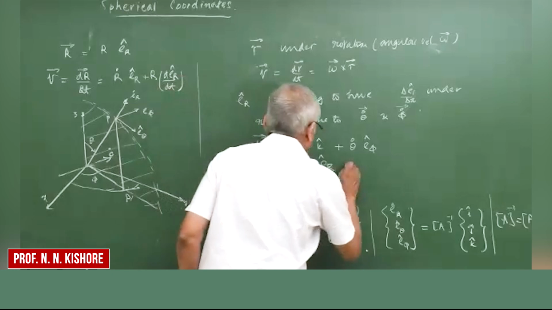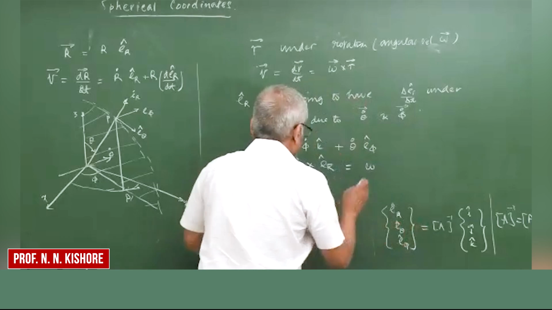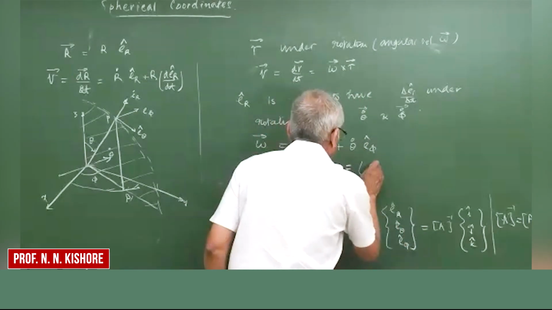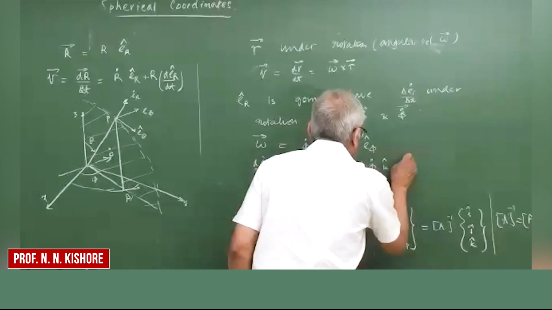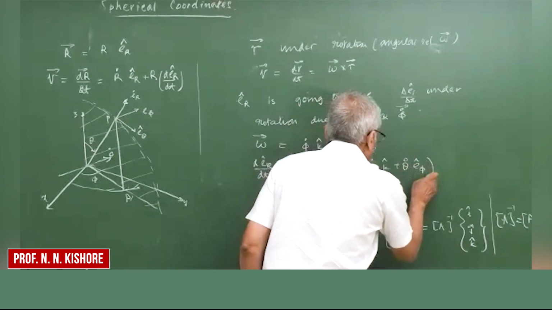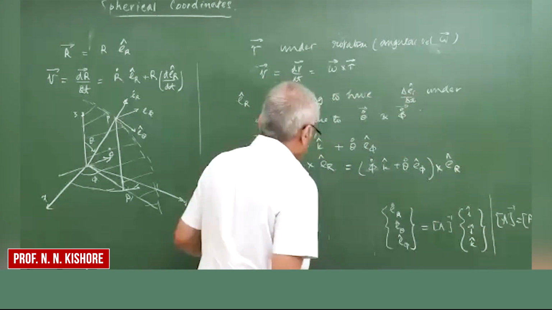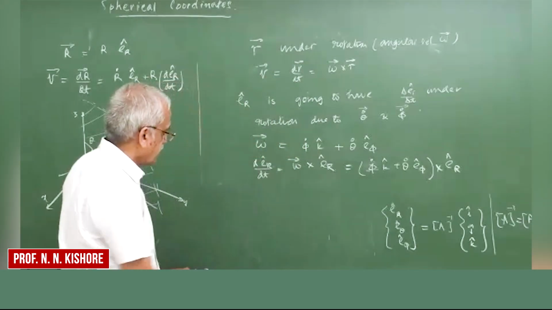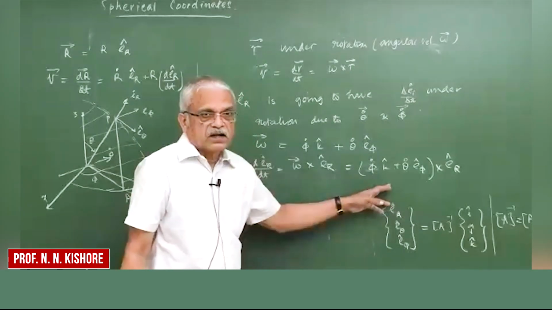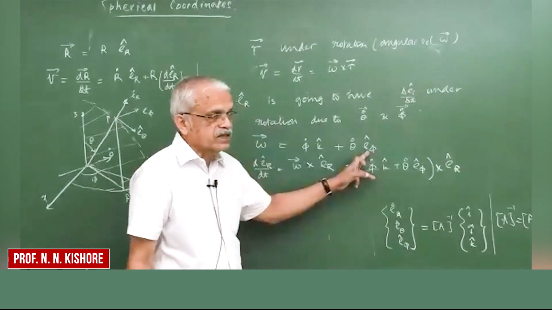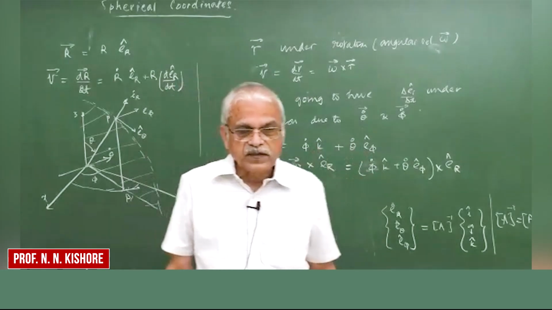So that means this is omega cross er. Interestingly, this is what we had to put: phi dot k and theta dot e phi taken cross product with er. This is the interesting part here, but it's a mix of the unit vectors. Some are in e phi, some are in k. So one of them should be converted into the other.